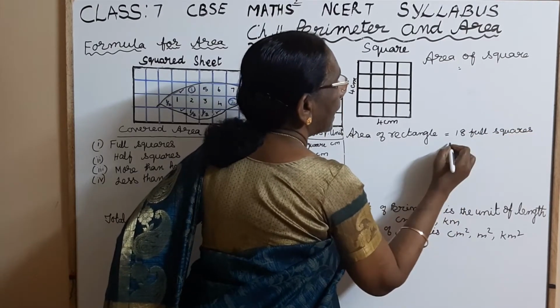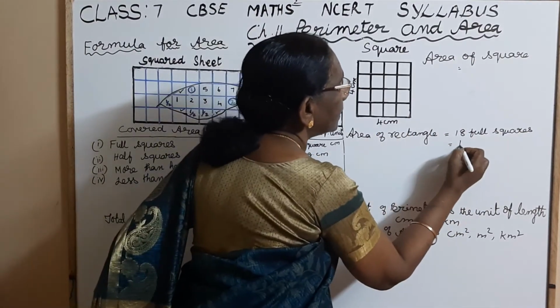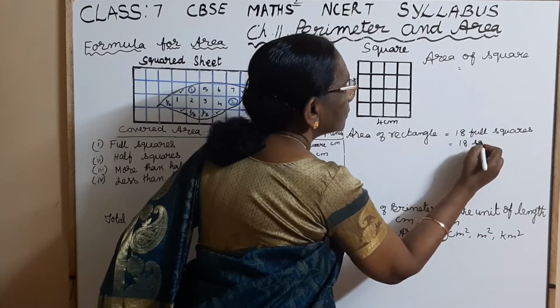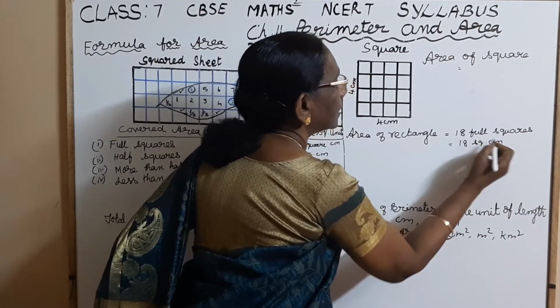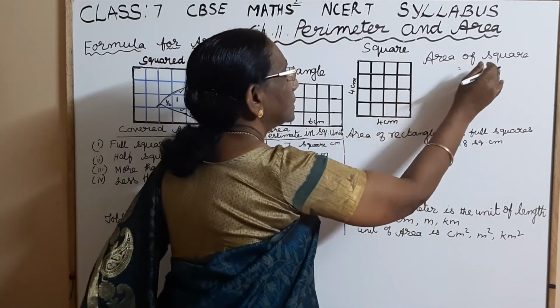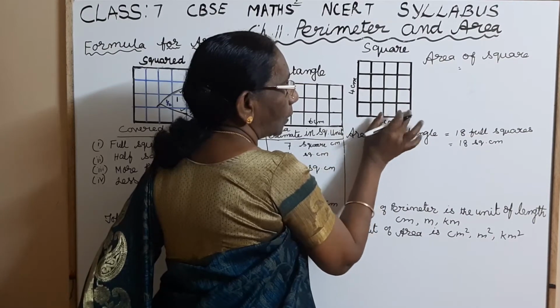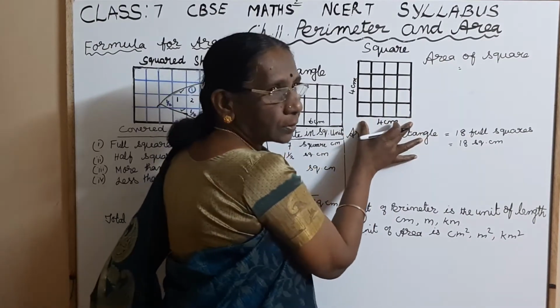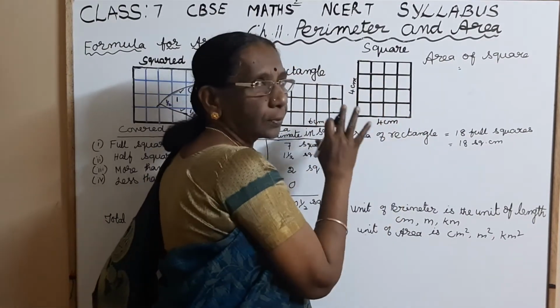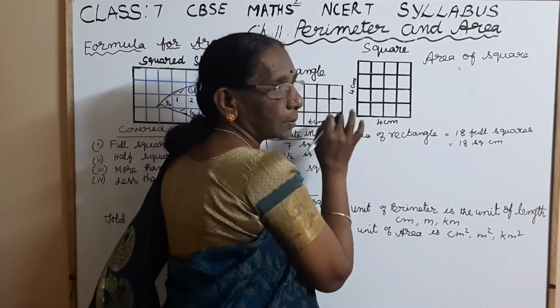So its area, when you measure that, what? 18 into 1 square centimeter. 18 square centimeter. Okay. Now area of this square. Here 1, 2, 3, 4. Lengthwise also 4, breadthwise also 4. So the sides are 4 centimeter, 4 centimeter.